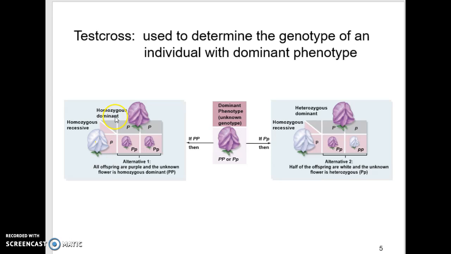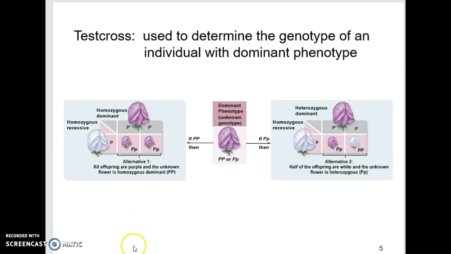So anytime a purple individual is bred with a white individual, the white will always pass on the little p. So if you take purple and white and they produce offspring, if all of the offspring are purple, we can feel pretty confident that that parent, the purple parent, was homozygous.